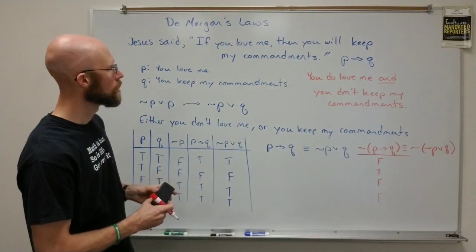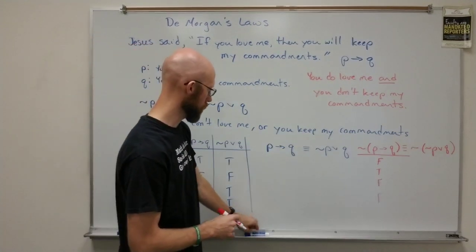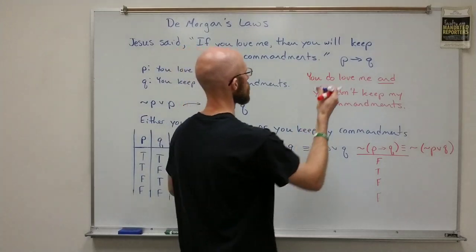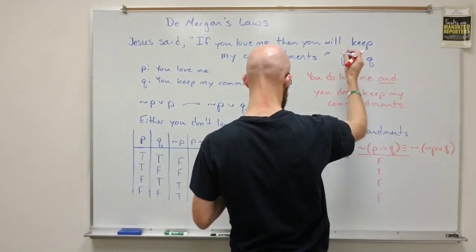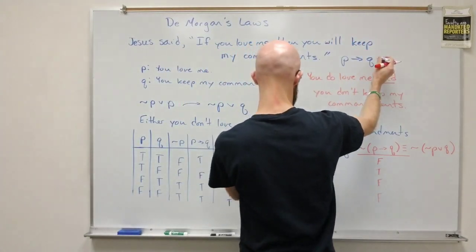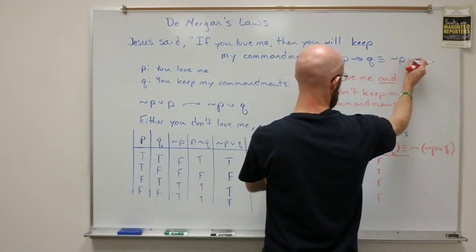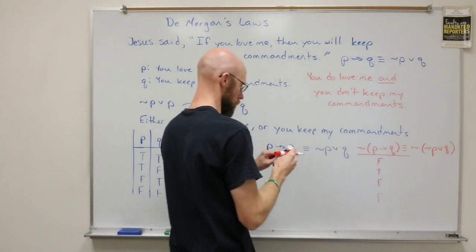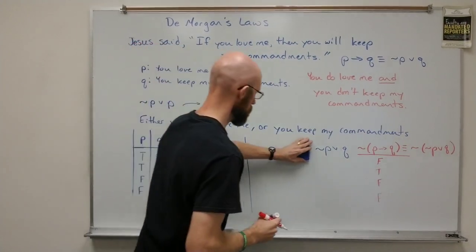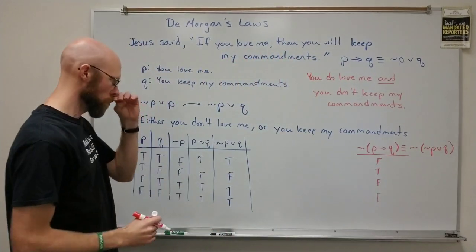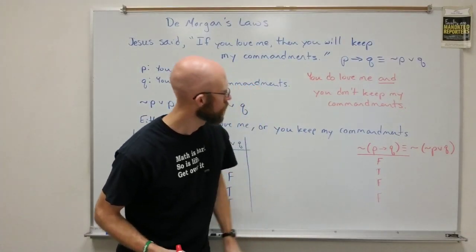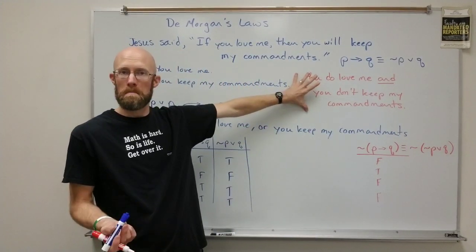Let me move some of the stuff up out of the way here. Let's take this portion. We just said that P implies Q is equivalent to not P or Q. Okay, so now let's see if we can get this out of this statement. See if it works.